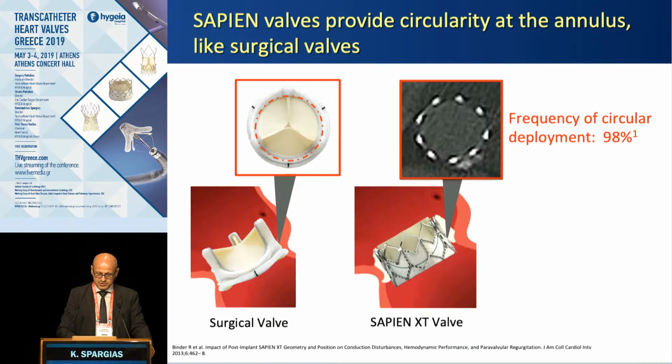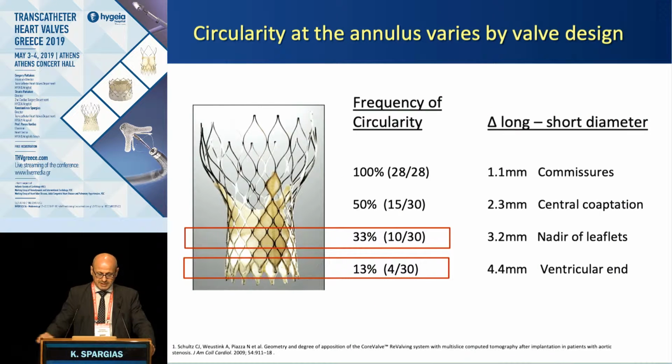So we're looking for a circular deployment if possible, and when we have a balloon expandable valve like the Sapien, we have this in 98% of the cases. So at the end of the implantation, we have a circular alignment.